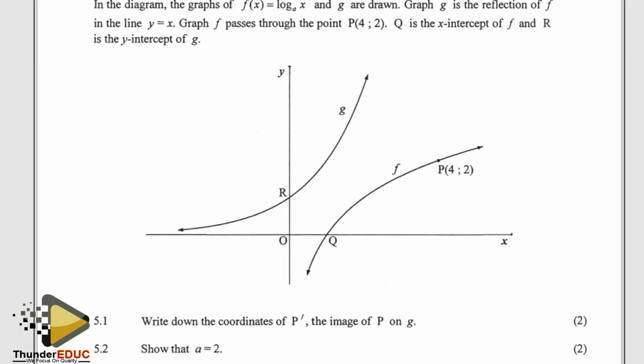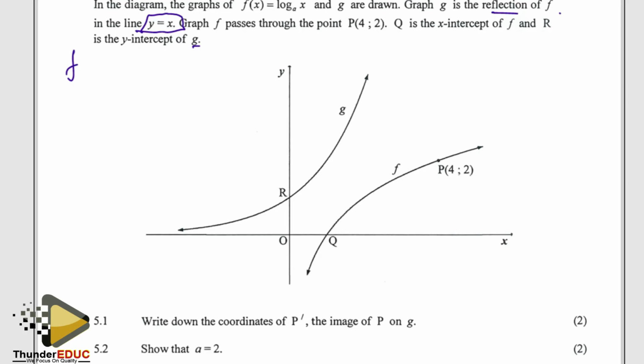So g of x, no, g is the reflection of f in the line y is equal to that. Graph of f passes through this and this, q is the x-intercept, f and r, and y-intercept of g. Now, the moment they tell that it's a reflection in the line y is equal to this, automatically is the inverse. In other words, f is the inverse of g, or g is the inverse of f, vice versa.